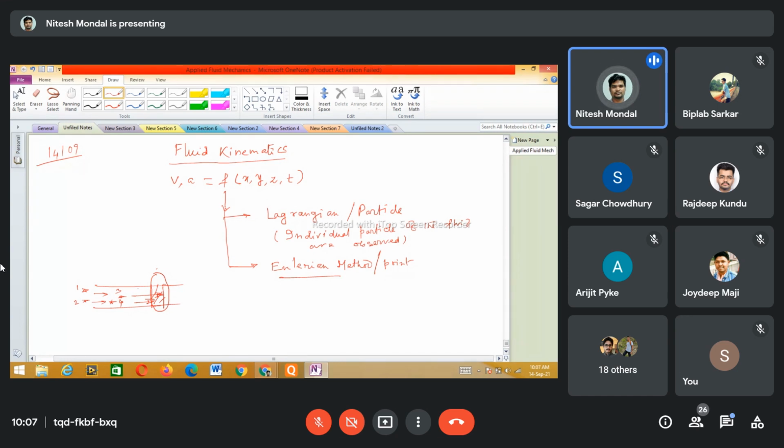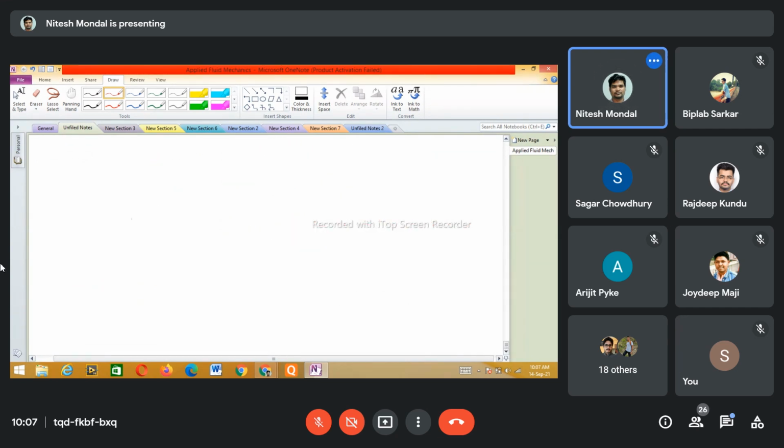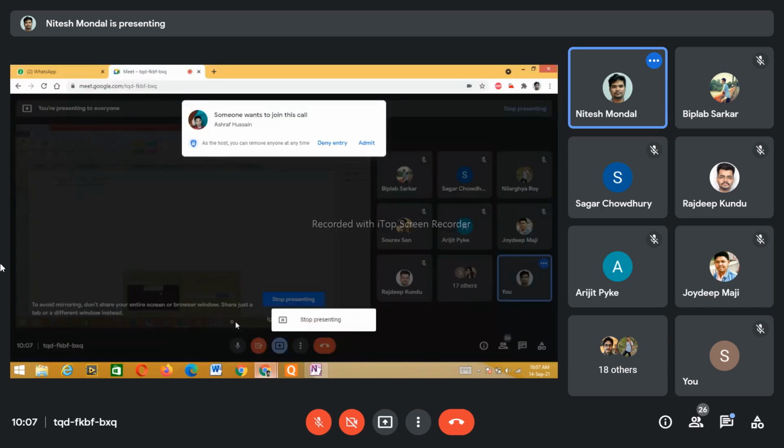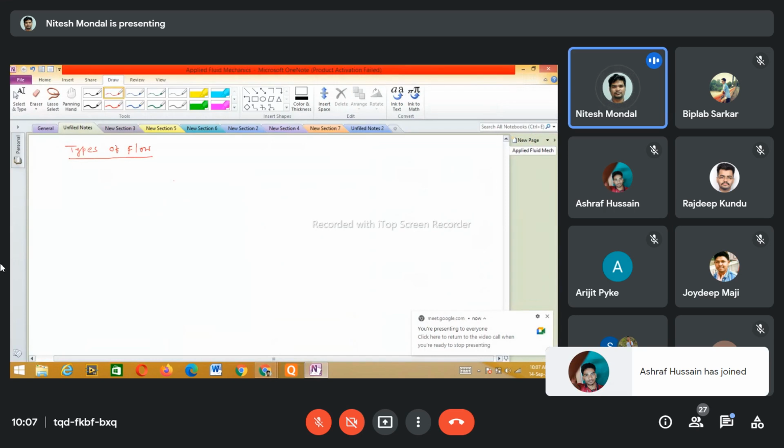Based on the fluid flow, we have to classify the flow into some categories. These are the types of flow.